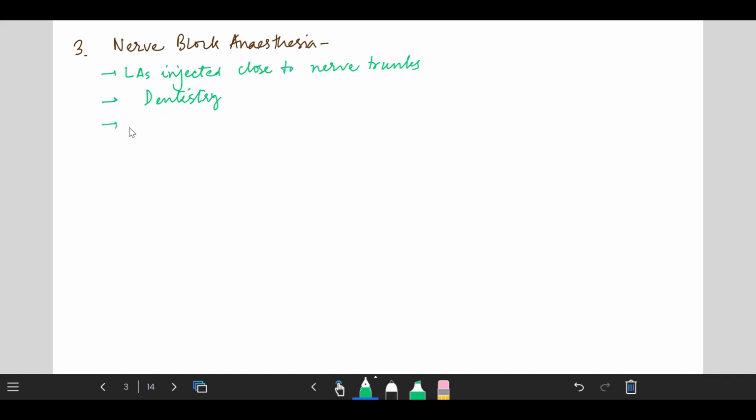Clear? Drugs of choice are lidocaine or lignocaine and bupivacaine.